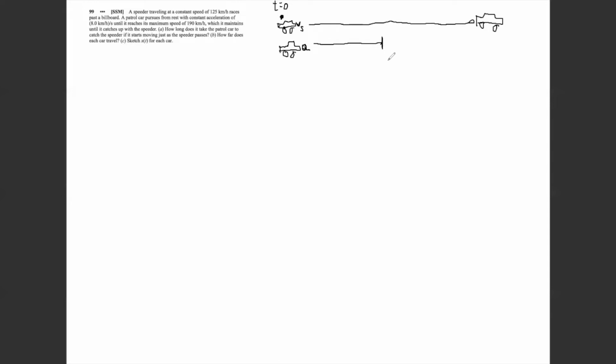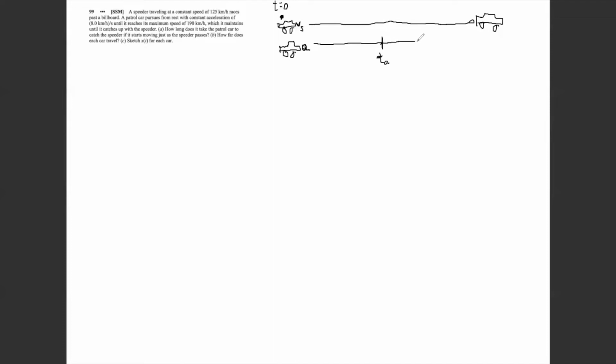I'm going to call that time TA, the acceleration time. You could call it T1, T2, T0, you could give it different names, but it's the time that it's accelerating. And then it reaches a max speed. We call it T max, the time to the max speed.